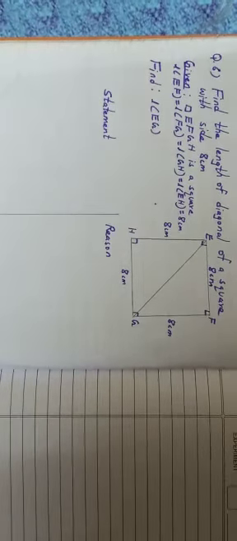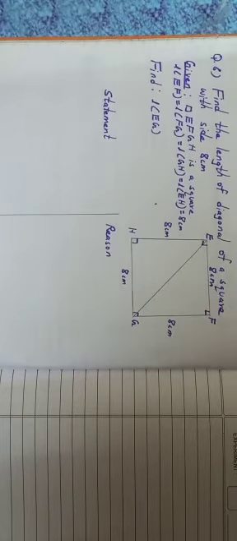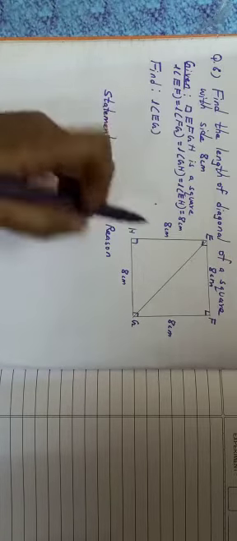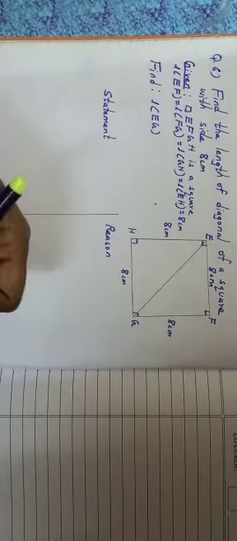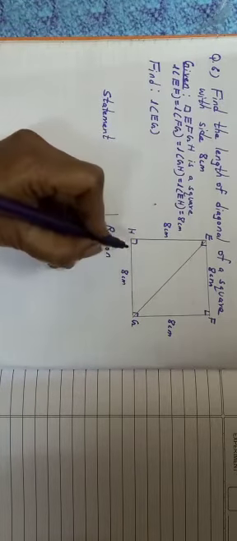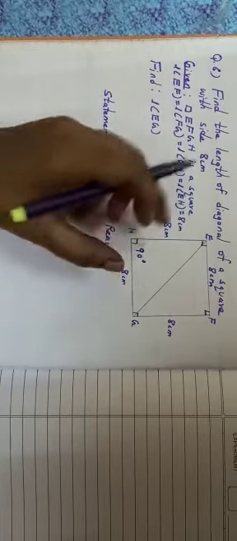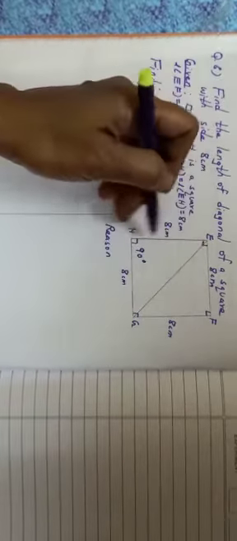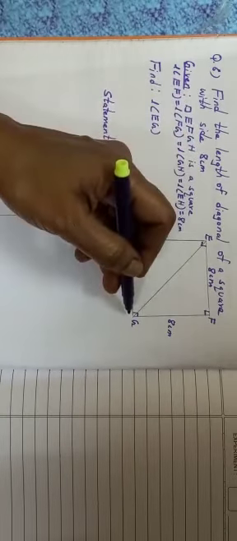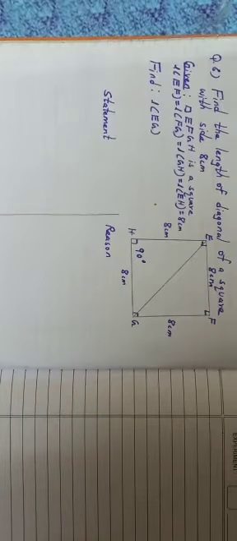So now we have studied the properties, we know everything. We have to start now. The first step will be how should we find EG, that you have to think about. Now if you see properly, here this is 8 centimeter and here it is 8 centimeter, and this angle measures 90 degree. So if we consider triangle EHG, EHG is a right angle triangle, and for a right angle triangle we can use Pythagoras theorem.